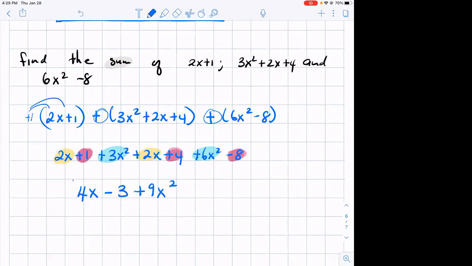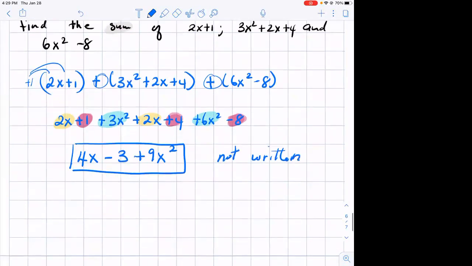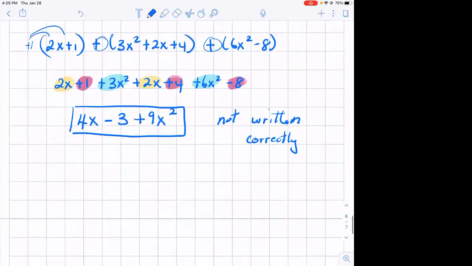But notice that this polynomial here is not written correctly, because when we write a polynomial, the highest power should be first. So this power here should be first. Now notice when you take it, you always take the sign. So the correct way of writing this will be positive 9x squared, right?